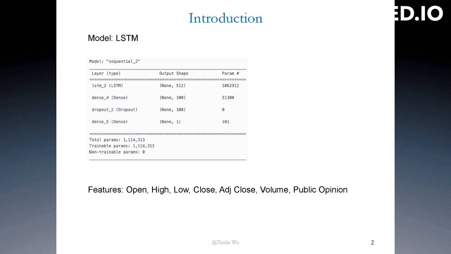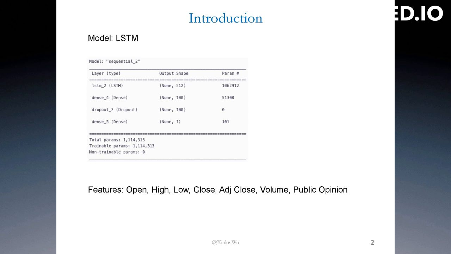Then I did the sentiment analysis on all the tweets I scraped and built this public opinion index. I'm trying to compare, with and without this public opinion index, how the predicting power of the model differs, just to make my point.